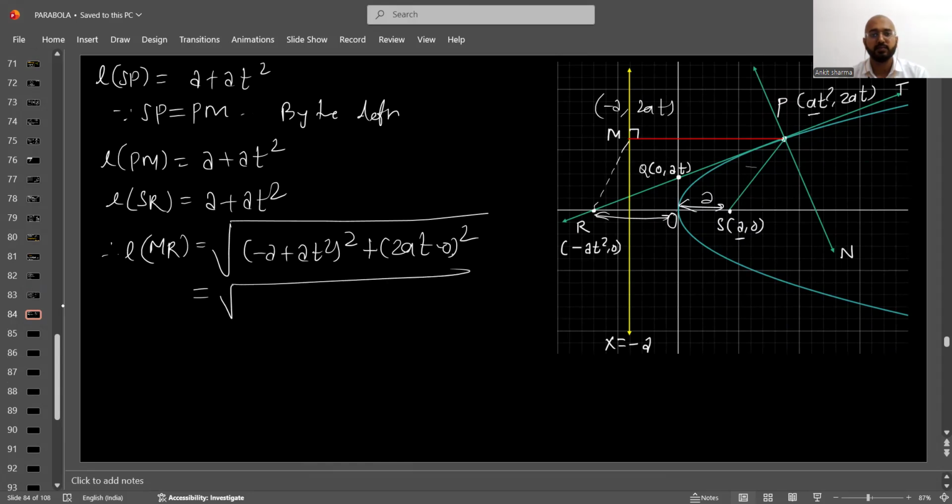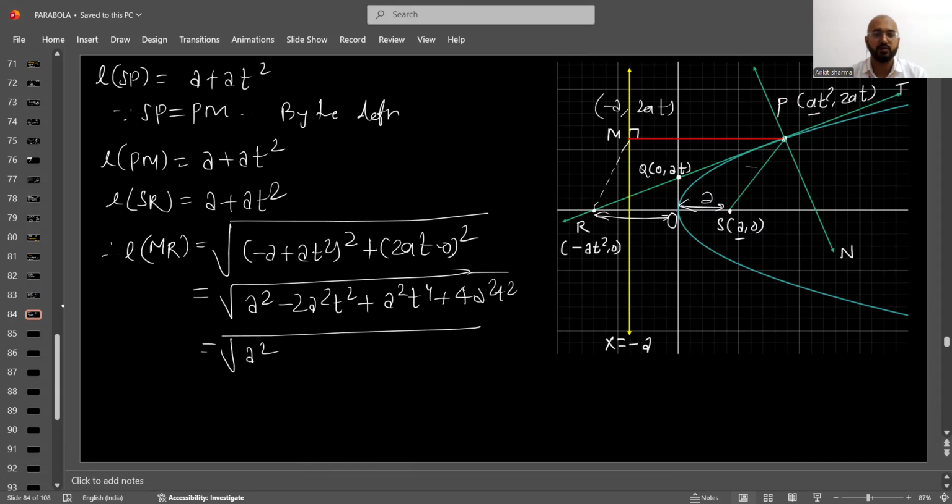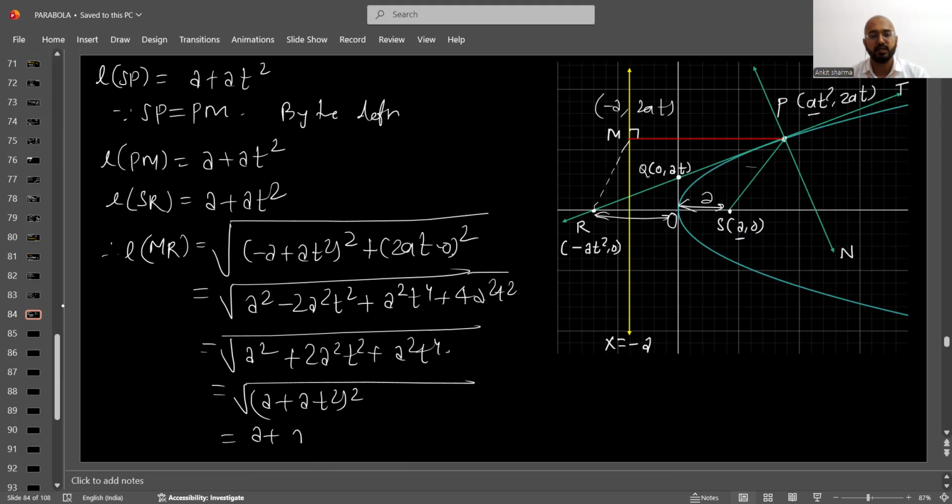When I expand this, I get a square minus 2a square t square plus a square t to the power 4 plus 4a square t square. This becomes a square plus 2a square t square plus a square t to the power 4, which I can write as the perfect square of (a plus at square) the whole square. So this is nothing but a plus at square.